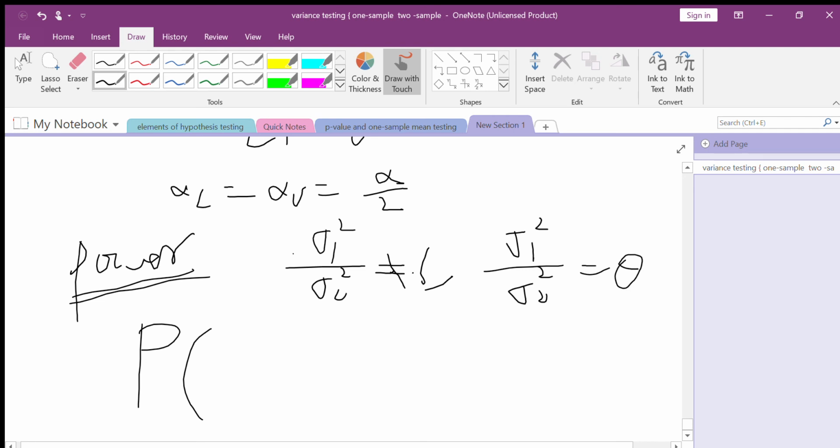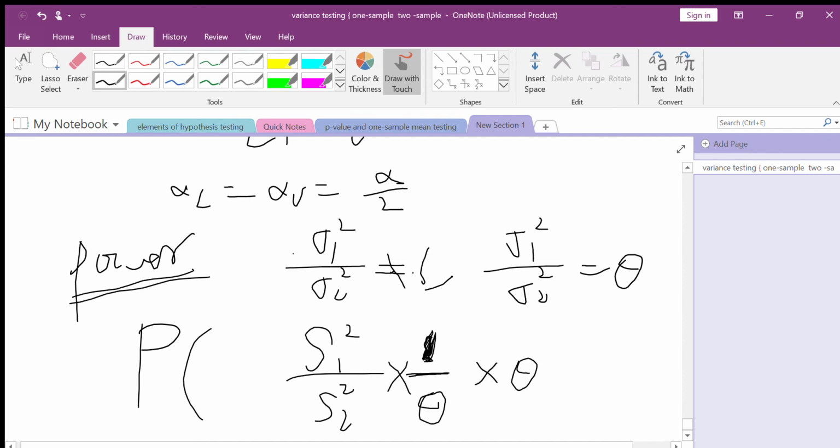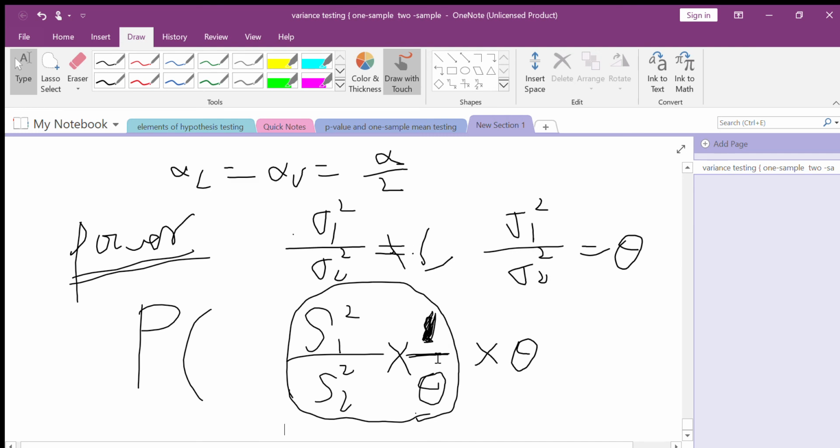Then capital S1 squared divided by S2 squared is no longer F. We need to multiply it by 1 over theta, and then this part becomes a random variable following the F distribution.